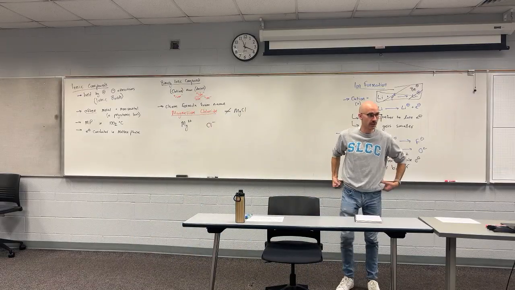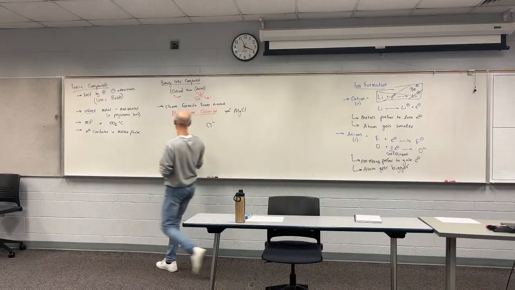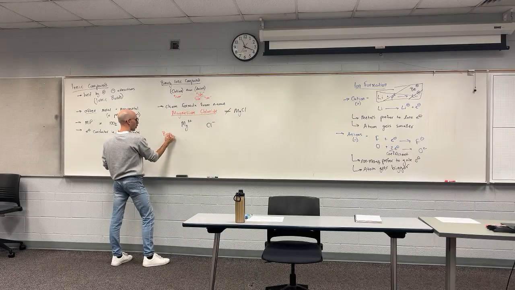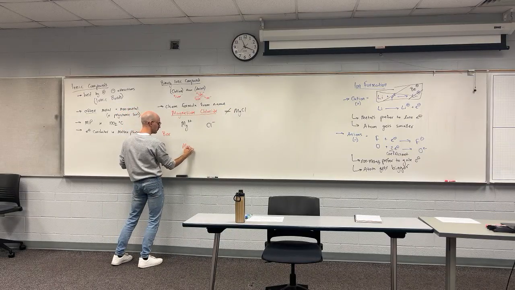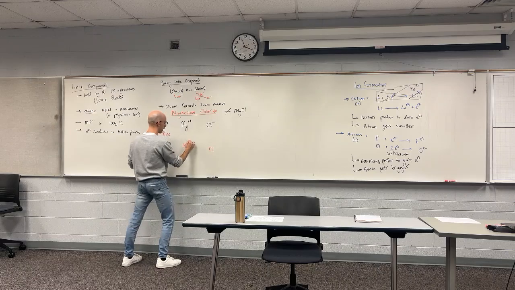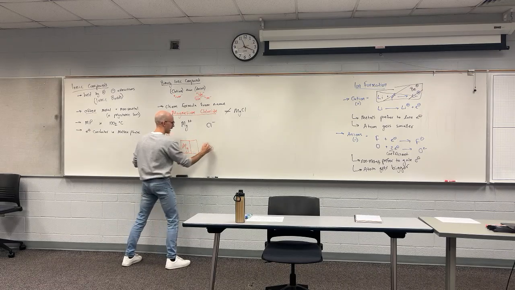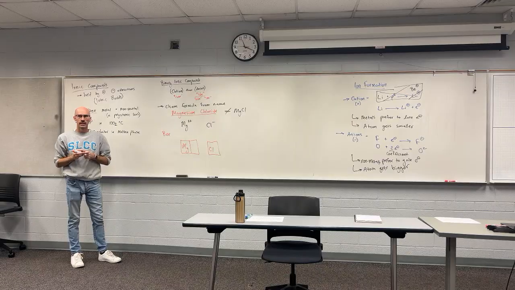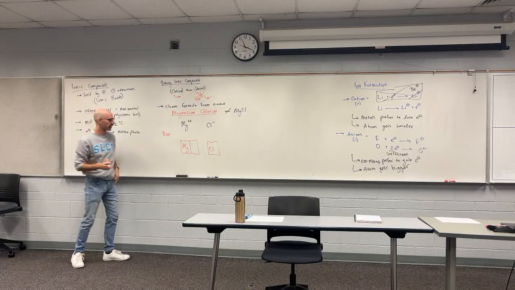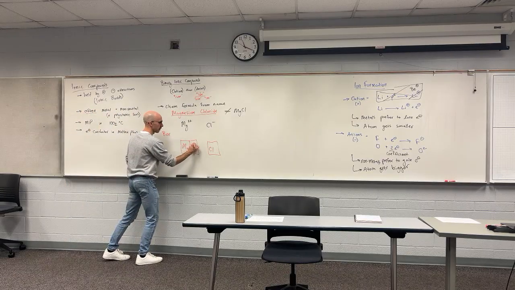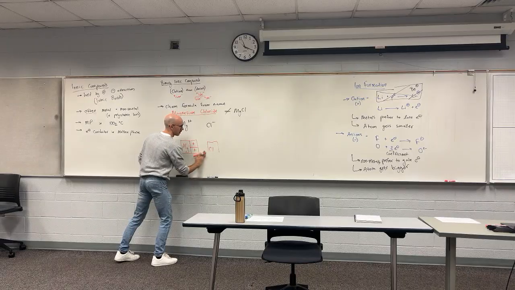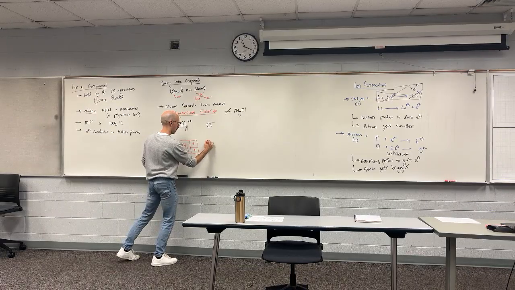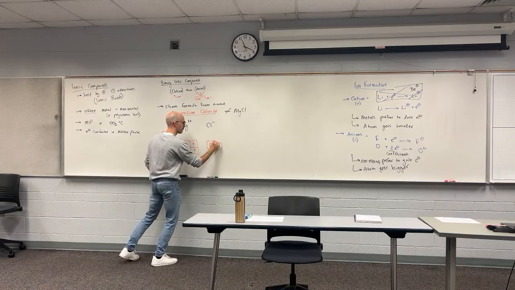Here's 2 ways that you can do it. Students have told me the box method works really well for them. Take your 2 ions and split their charges into a number of boxes. Mg2+ becomes plus and plus. I'm going to redraw my chlorine: chlorine minus, minus.